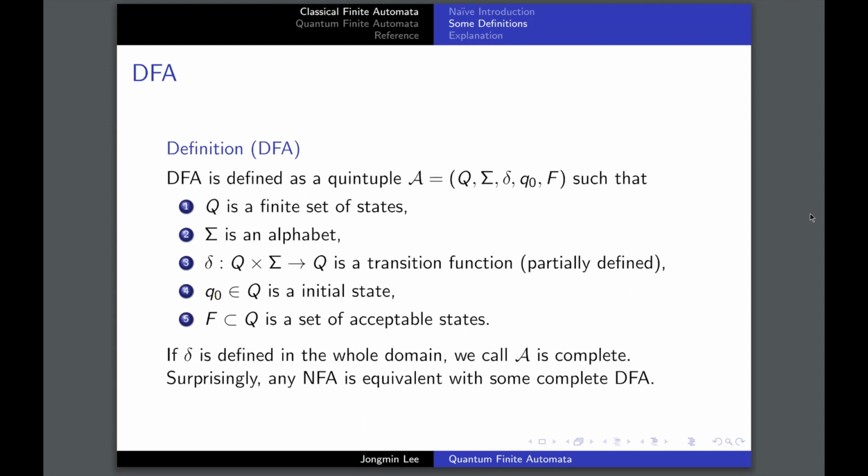And delta, I need to explain the delta. In a DFA, delta is a function.